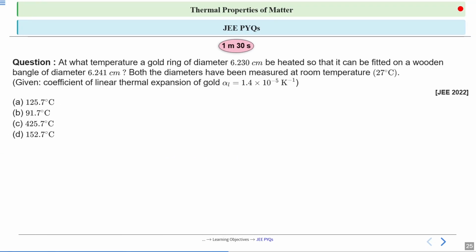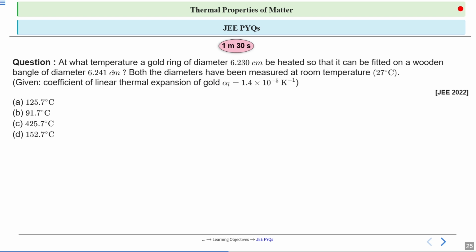At what temperature should a gold ring of diameter 6.230 centimeter be heated so that it can be fitted on a wooden bangle of diameter 6.241 centimeter? Both the diameters have been measured at room temperature, that is 27 degrees Celsius. Given the coefficient of linear thermal expansion of gold, alpha L, is equal to 1.4 into 10 raised to the power minus 5 per Kelvin.